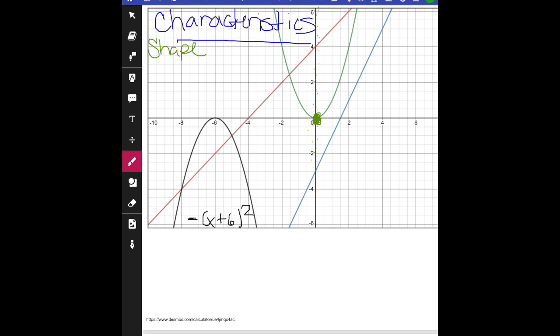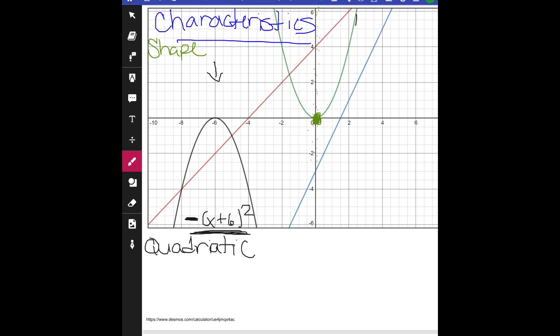Here's the equation for the black graph. It's still a quadratic. If you remember, we talked about inside change and outside change. This negative sign means reflection. So this one was going upward, and the black graph is going downward.